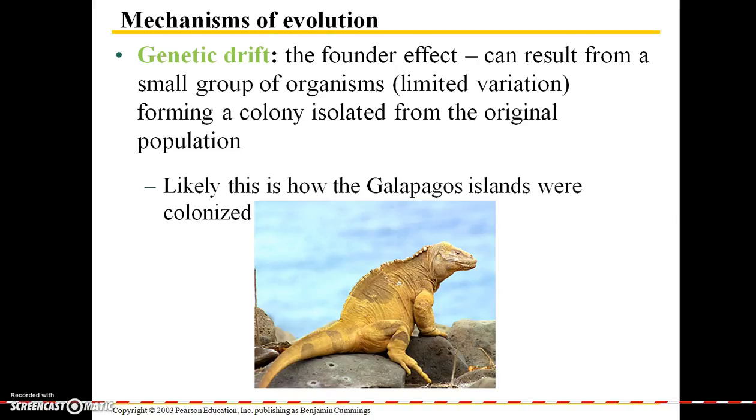So they essentially formed the basis for new populations on the islands, but because there was less variability inherent in those few founding members, the evolutionary path that the new populations took was limited, and as a result their current forms and functions are a reflection of those limitations.